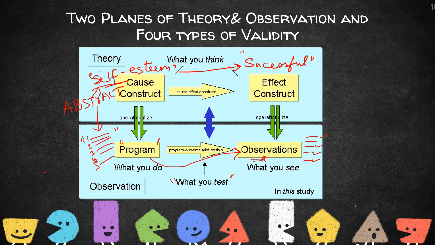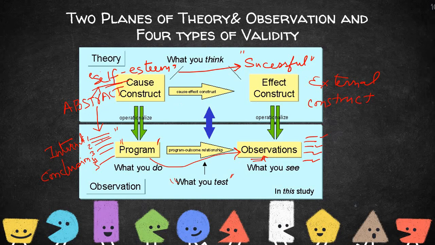So you have two kinds of validity, conclusion and internal validity, belonging to this plane, whereas construct and external validity belong to the upper plane, or the plane of theory.